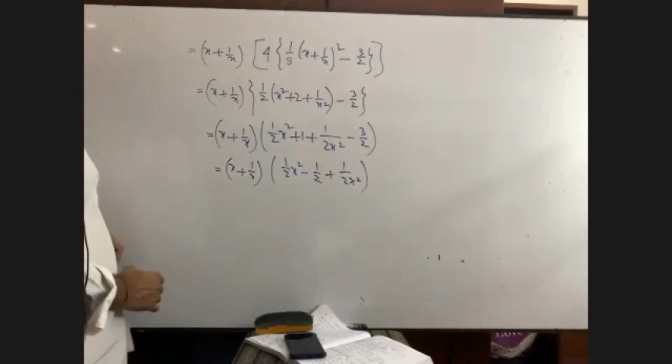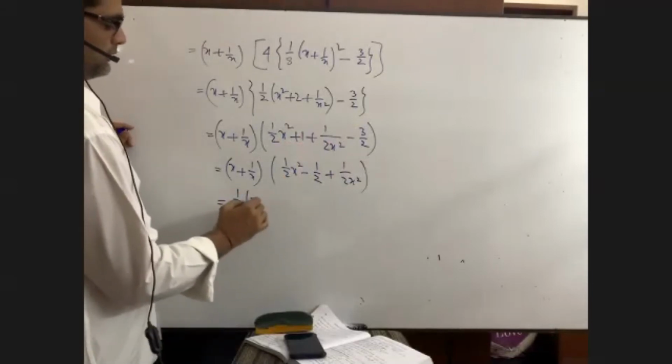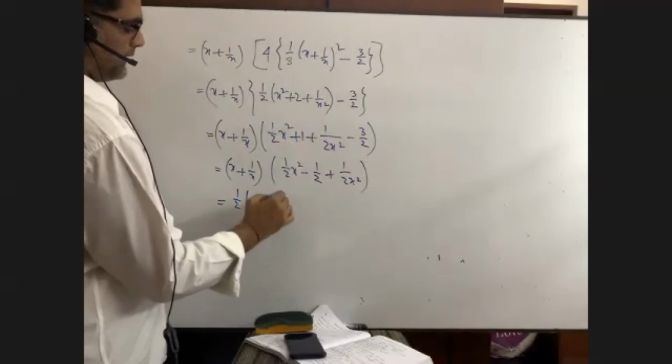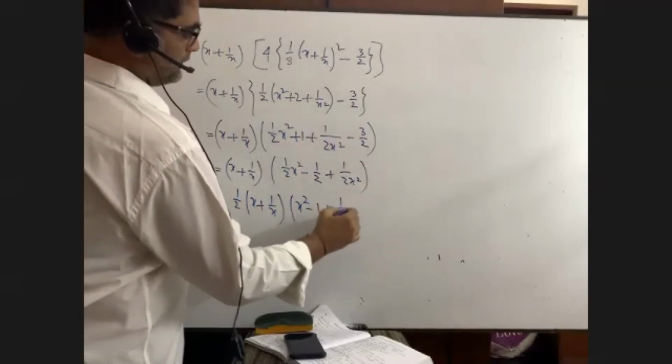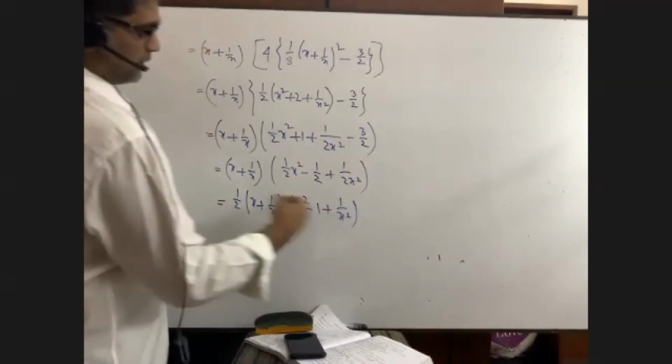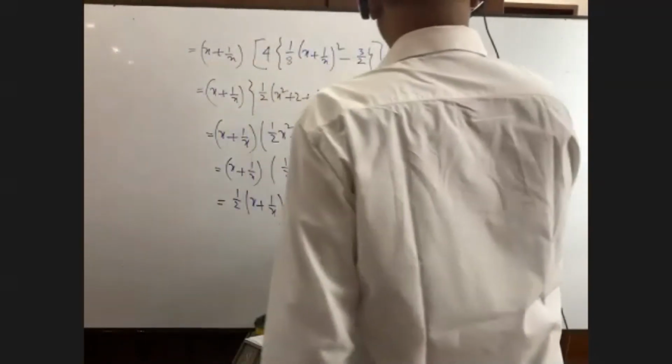Okay. That means half you can take common. 1 by x. Here it is x square minus 1. Can you tell me what is this formula? What is this formula, x cube plus 1 by x cube?